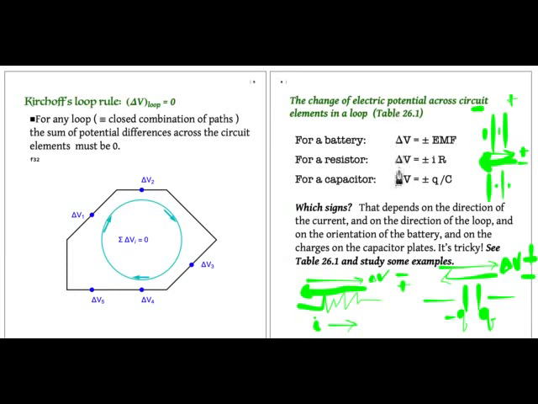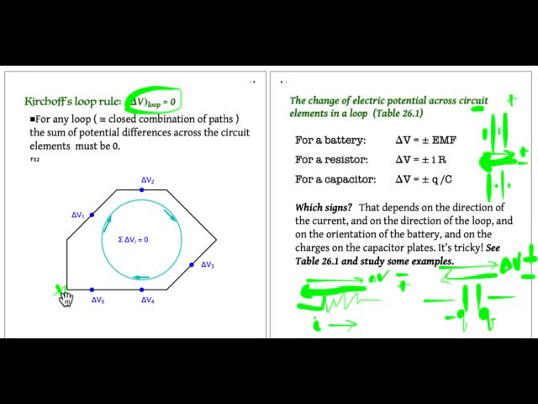Analyzing circuits, what makes it tricky is to get the signs right in the changes of potential. Now, Kirchhoff's loop rule says the sum of all the changes of potential must be zero. Now, why is that? Well, that's because we assume that in a DC circuit, every point in the circuit has a certain potential. So let's take this point right here.